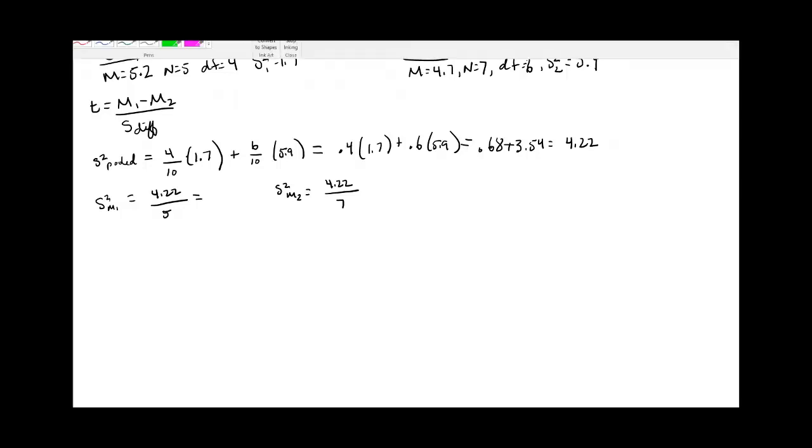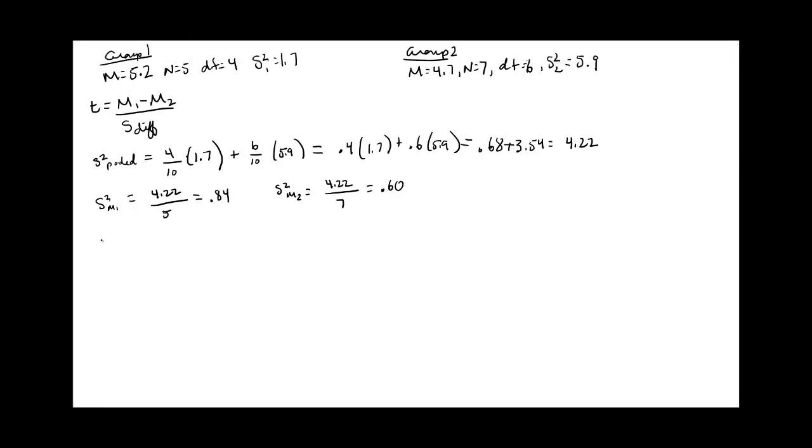In the first group, the estimated population variance of the distribution of means is equal to approximately 0.84, and in the second group is equal to approximately 0.60. Now, the next step is to find the estimated population variance of the differences between those groups. So what we do there is we just add together the variances, and that gives us the total amount of variance in the distribution of means.